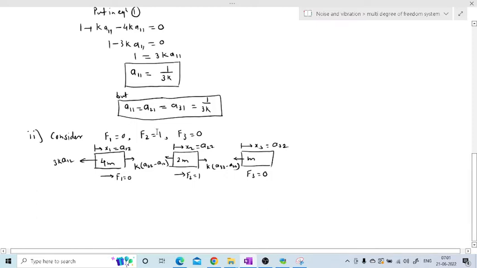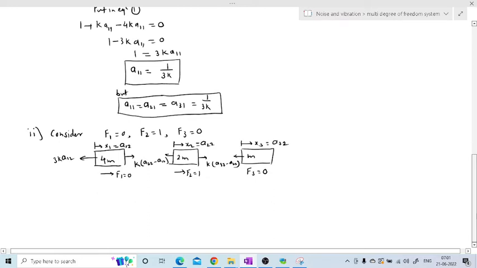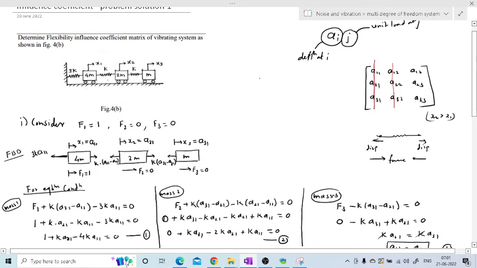Now here again we will consider the equilibrium condition. But now I am going to give the most important hint, that by Maxwell's reciprocal theorem, the value of A12 and value of A21 is same, means Aij is equal to Aji.